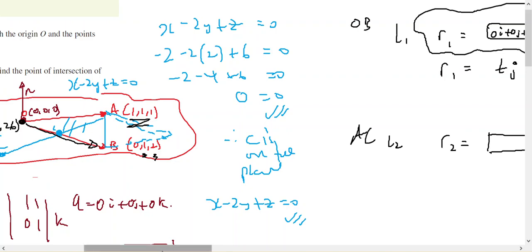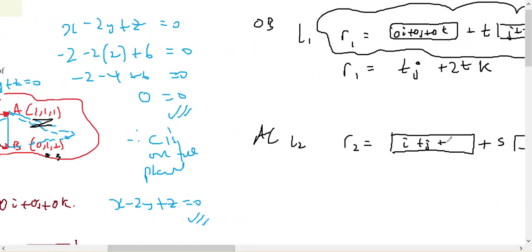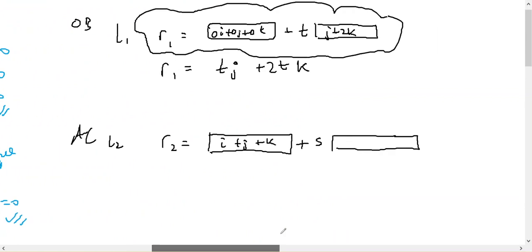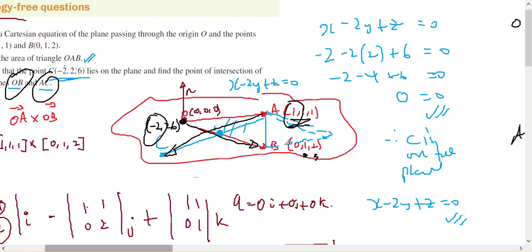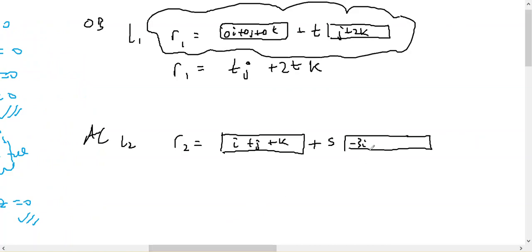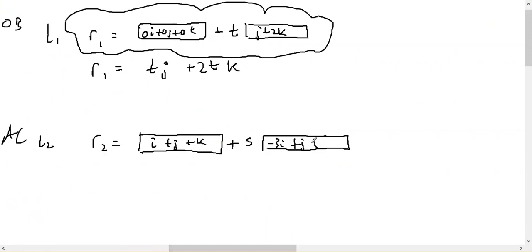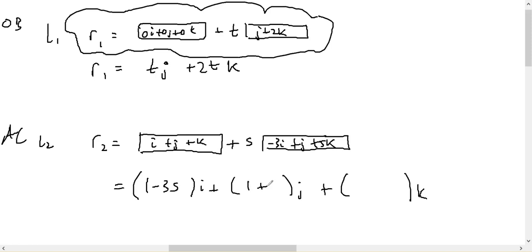I'm going to pick this as being the point on R2, so I plus J plus K, and then the direction, if I go from here to there, will be minus 2 minus 1, that's minus 3i. 6 minus 1 is J, and in the K it's going to be 6 minus 1 or 5, which means R2 is 1 minus 3s in the I, 1 plus s in the J, and 1 plus 5s in the K.